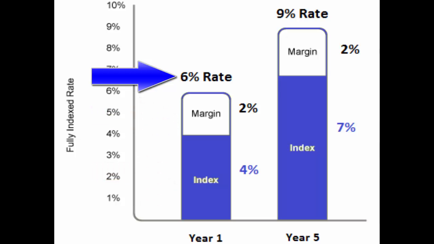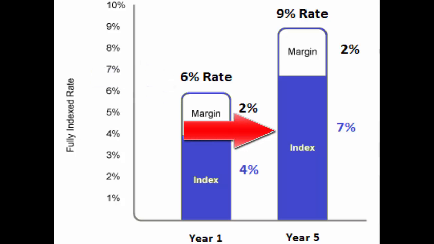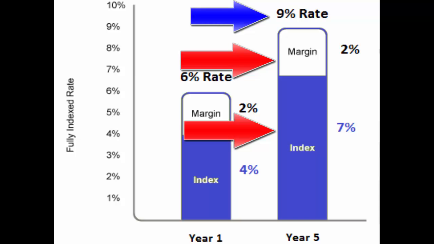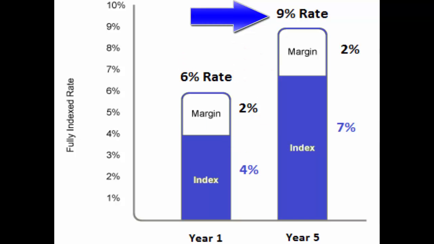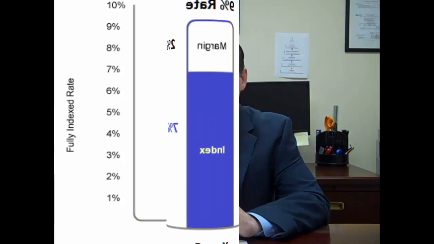Now, at the next adjustment period, if the index that your loan is based on has risen to 7%, your margin can never change, so your margin would still be 2%. So now your total interest rate is 9%. The fully indexed rate moved up from 6 to 9% at the adjustment because the index changed.